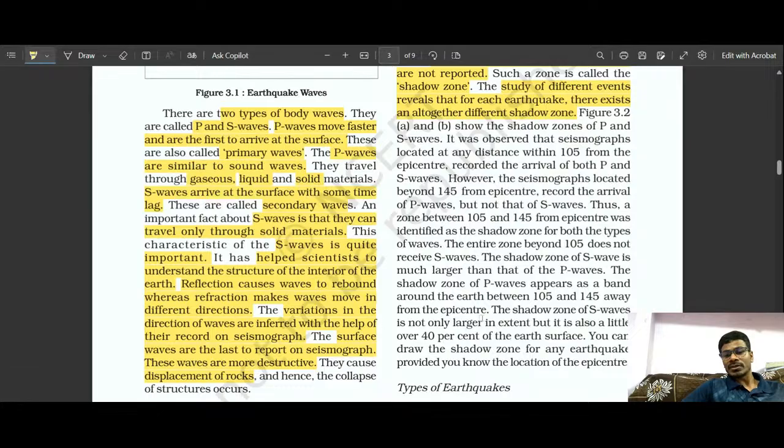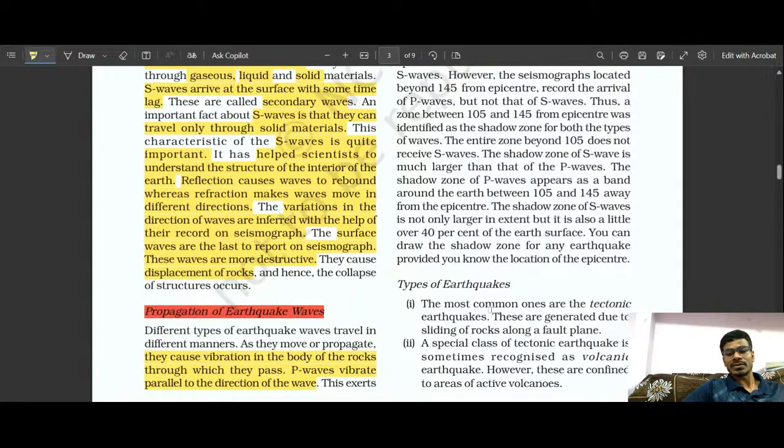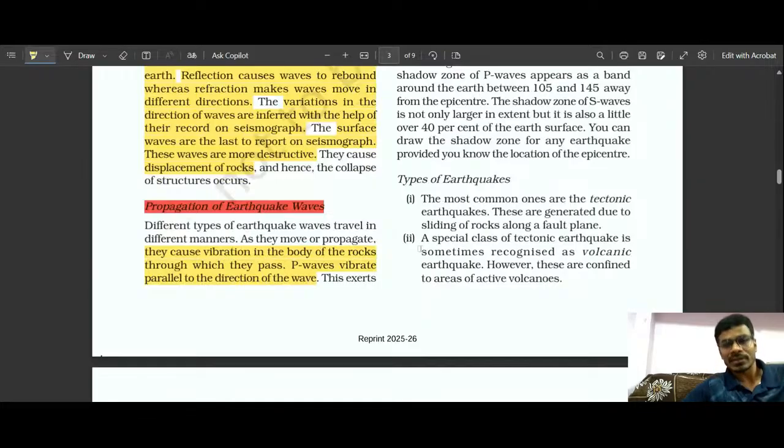The shadow zone of S waves is not only larger in extent but covers a little over 40% of the Earth's surface. We can draw a shadow zone for any earthquake, provided you know the location of the epicenter. We'll see that in the picture, then we'll get to know it in a much clearer way.